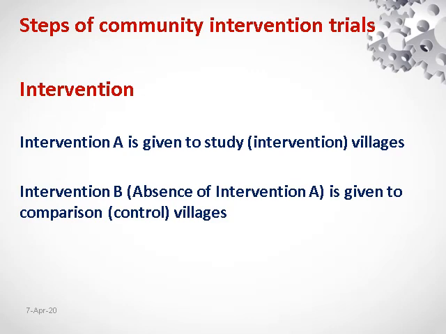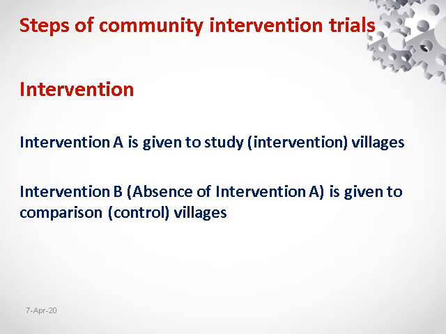Now we are giving the intervention. Intervention A is given to the study or intervention village. In these 5 intervention villages, we are giving intensified fogging activity. Every week we are giving fogging 3 times for a period of 6 months.